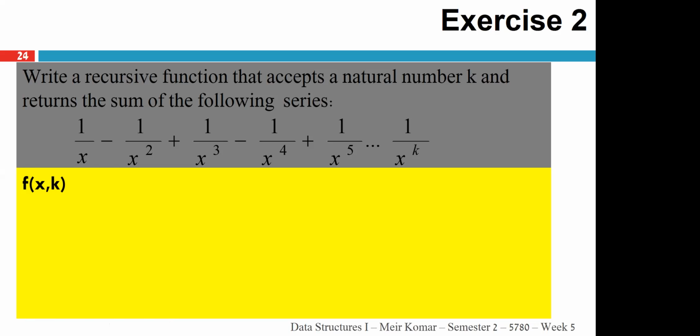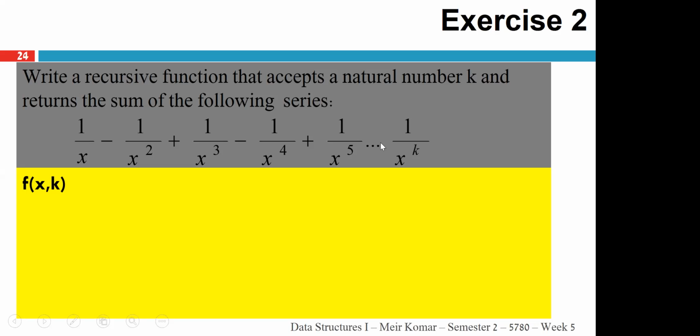And if K is equal to 2, what do I want to return? I want to return this minus this. And if K is equal to 3, I want to return this plus what I had beforehand. K equal to 4 is this, with all what I had beforehand, minus that.